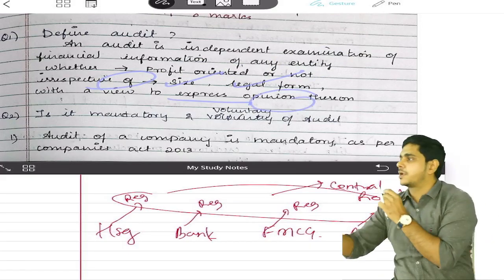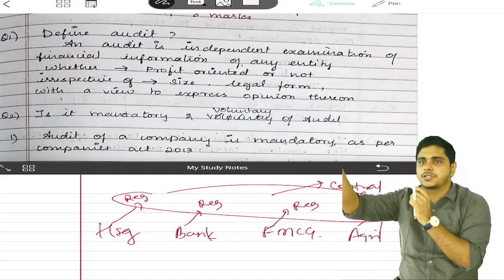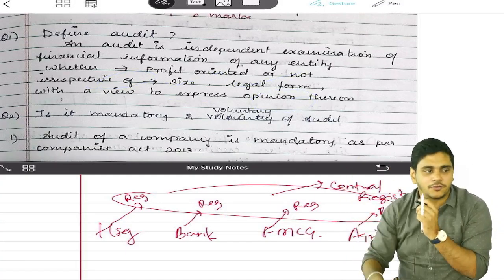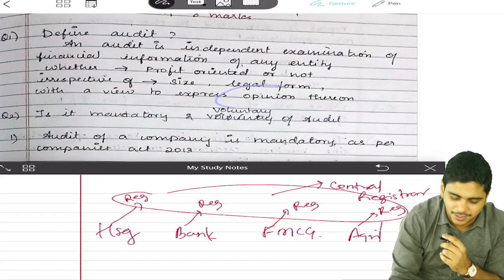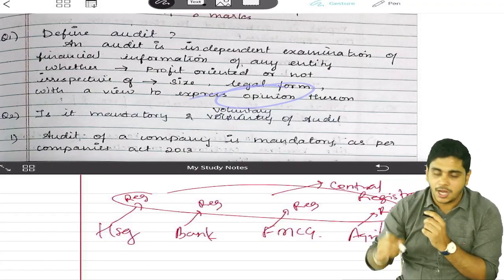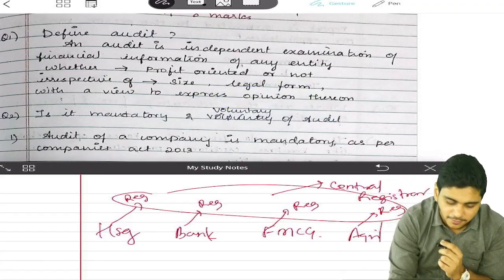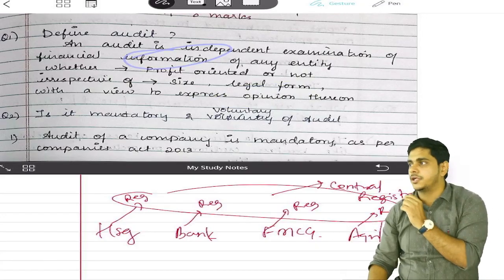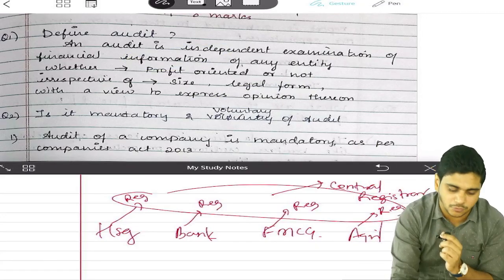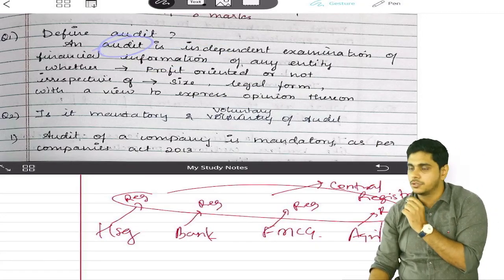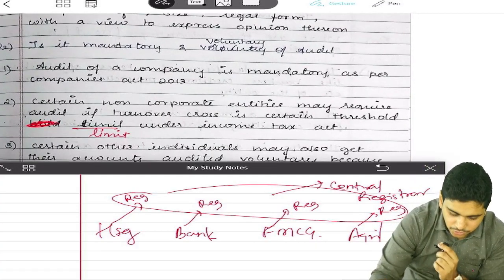So whether you are a private or public company, listed or unlisted, profit or not for profit, my main objective is to express an opinion. I always give an opinion only on the financial information of the entity. That entire process in English is called audit. Understood?